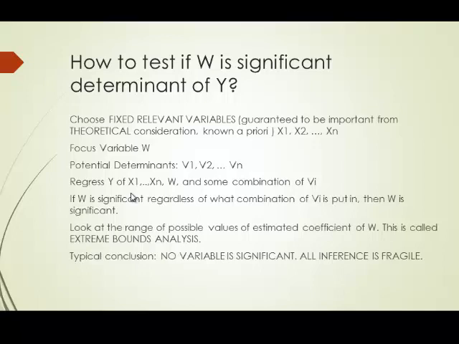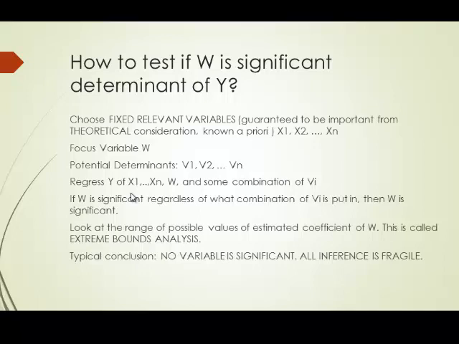So here is Leamer's proposed solution to this problem. He called it the extreme bounds analysis. He says, okay, suppose that there is a focus variable, that's my W, that's like intellectual property rights.